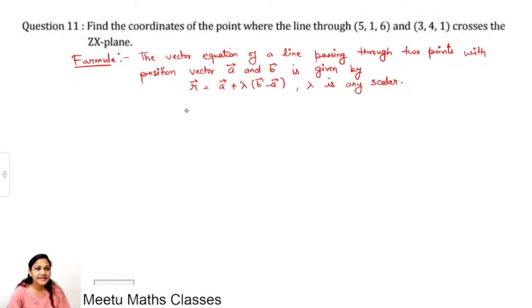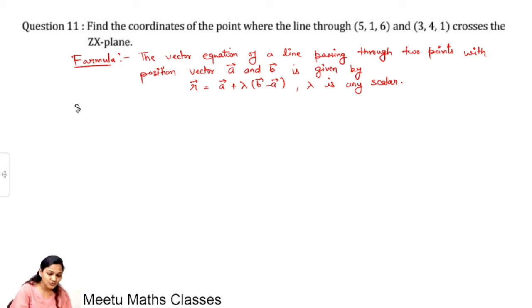Now your next question is question number 11. Find the coordinates of the point where the line through 5, 1, 6 and 3, 4, 1 crosses the zx plane. So the formula for the vector equation of a line passing through 2 points with position vectors a and b is r is equal to a plus lambda times b minus a.